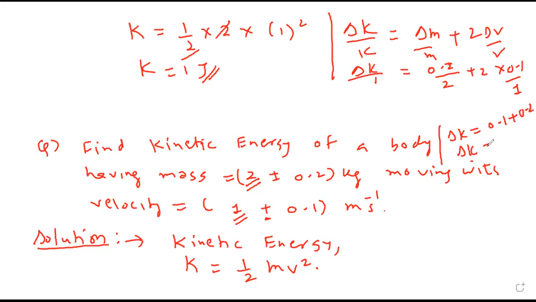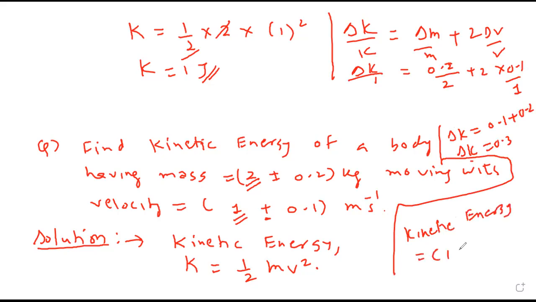Therefore delta K is 0.3. Therefore kinetic energy equals to 1 plus or minus 0.3 joules. Any doubt? No, sir. Please copy now then.